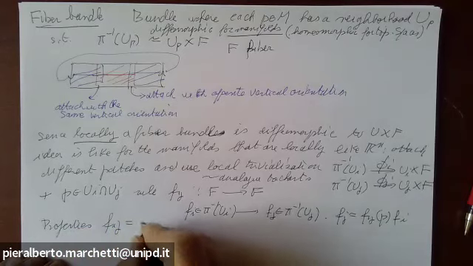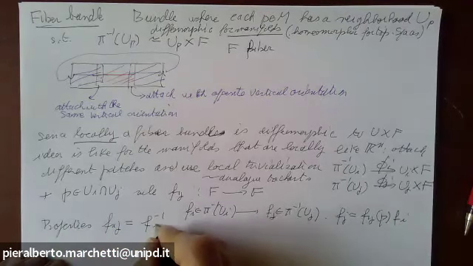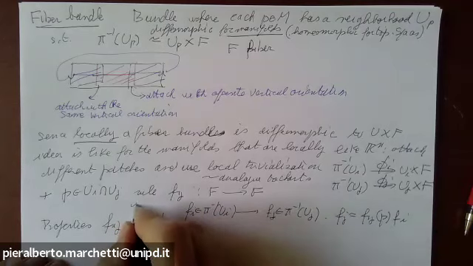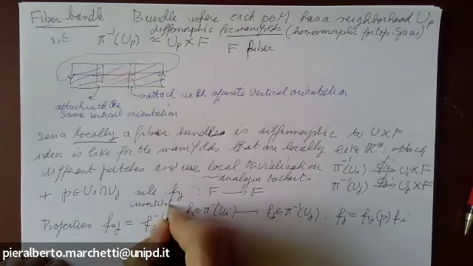What are the properties of these maps? Fij is equal to the inverse map Fji to the minus 1, so of course they are invertible.